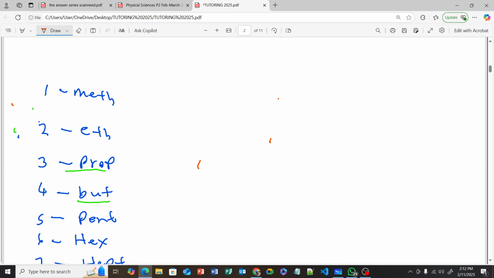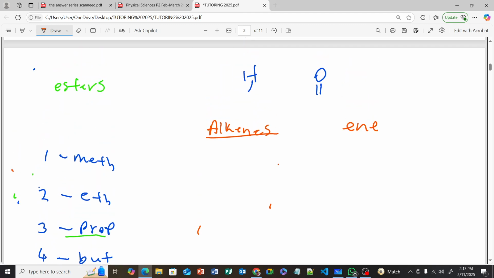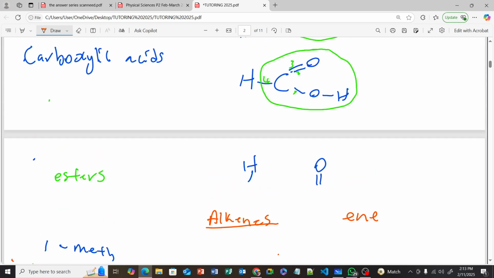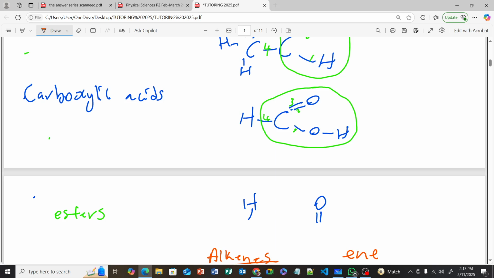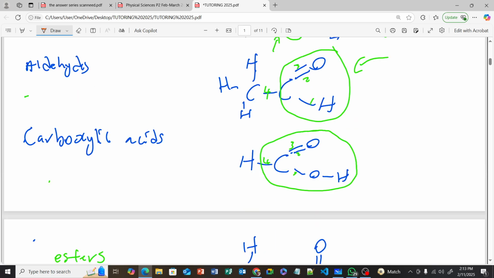Okay, yes, so we are going to deal with alkenes. Now alkenes have a suffix of -ene. In this case, remember, alkenes are the ones that have a double bond. We can go up there to check what alkenes are. They are the hydrocarbons that we deal with in the second part here.